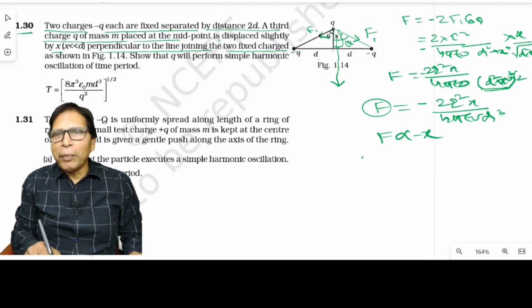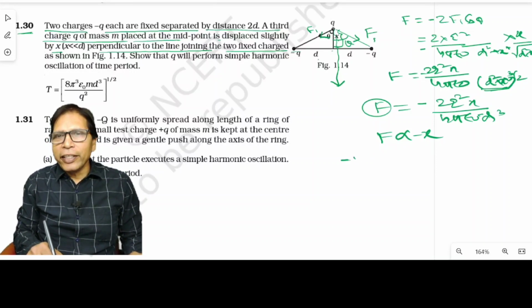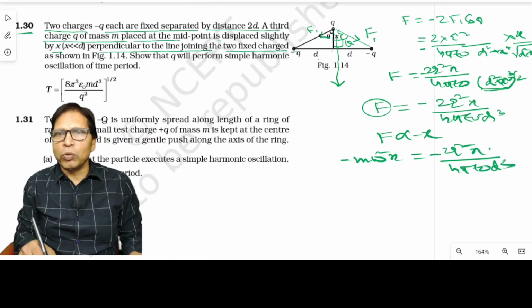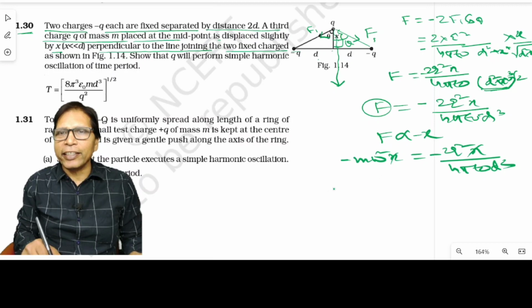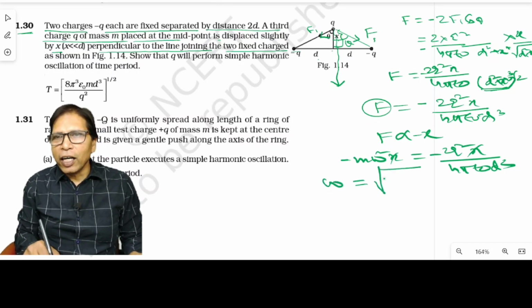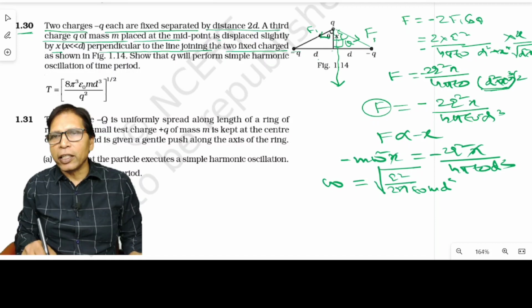Now if omega is the angular frequency, then m omega square x equals minus 2q square x divided by 4 pi epsilon naught d cube. This and this cancel out. So omega equals root under of q square by 2 pi epsilon naught m d cube.